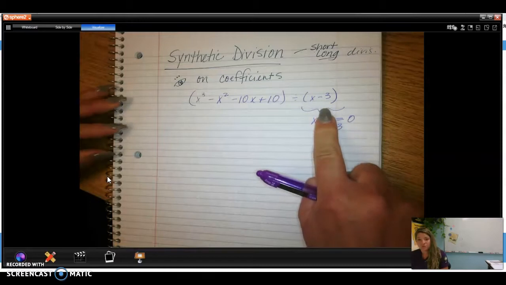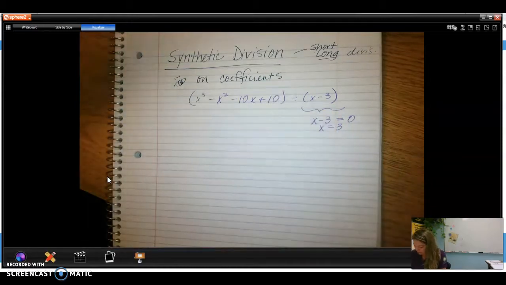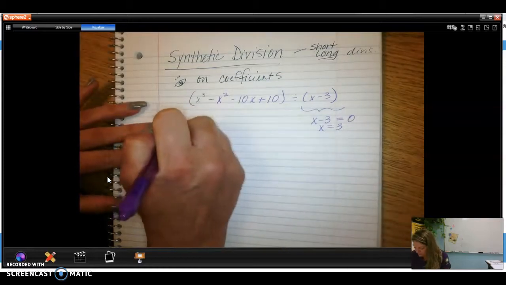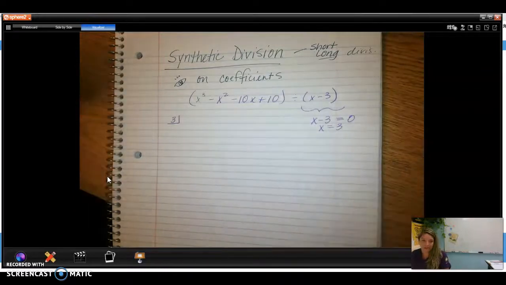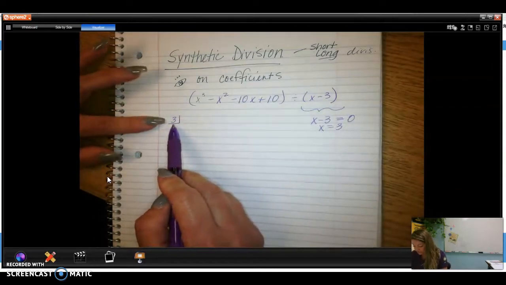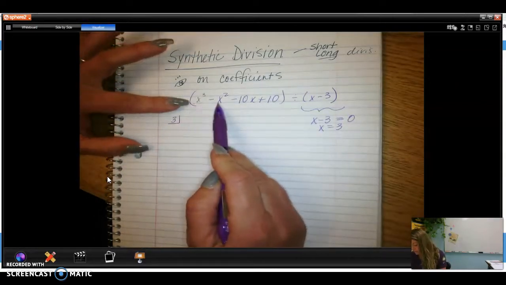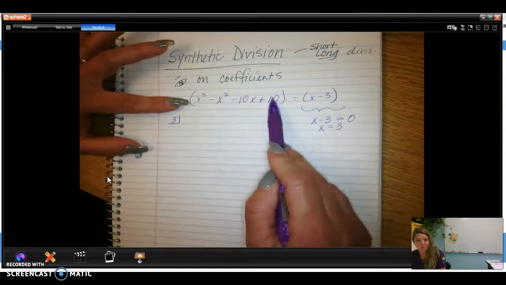Most of you are going to just do the opposite of what you see. You see a negative 3, you're going to put a positive 3. And that's going to go in this weird box-looking shape. Don't ask. I didn't invent it and make it up, okay? Whoever did it this way. So anyway, we stick it in this little box, and then we're going to write down just the coefficients to our dividend, to our problem, okay?